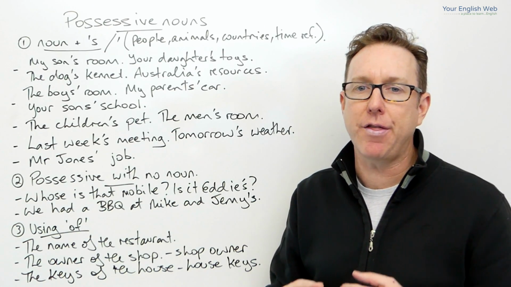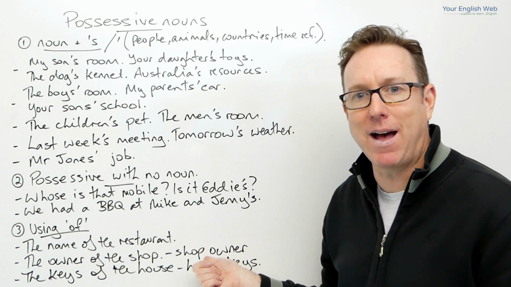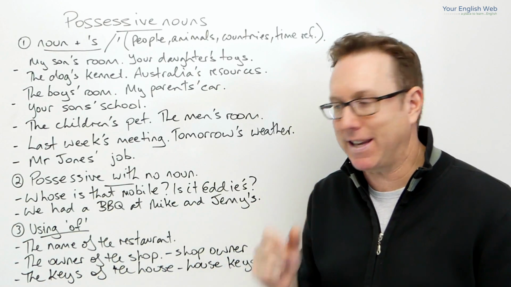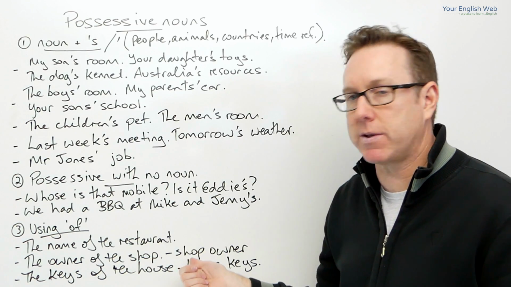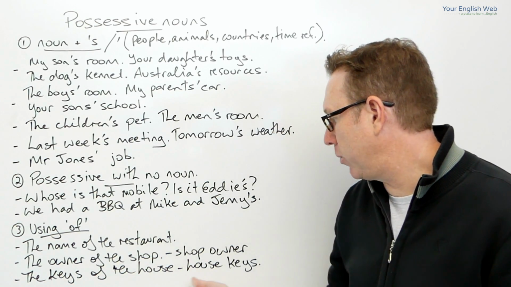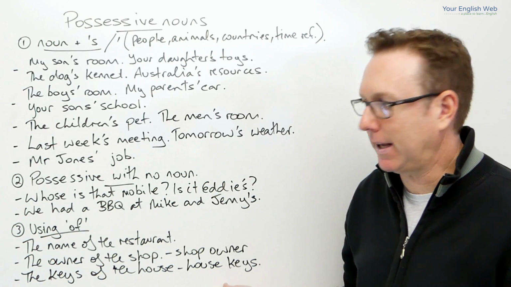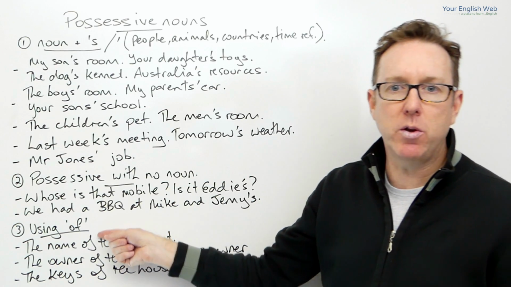Now, there is another thing that we can do, which is we can form a type of compound noun, two words together. So instead of saying the owner of the shop, we would say the shop owner. Instead of saying the keys of the house, we would say house keys, okay? But this is the most difficult thing to learn when we use of.